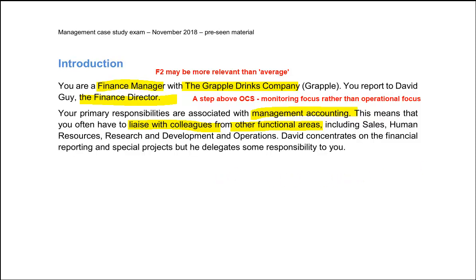Importantly, however, at the end, we see that David concentrates on the financial reporting and special projects, but delegates some responsibility to you. So with this in mind, I would err towards perhaps the F2 parts we're going to be seeing more often than not are actually not going to relate to financial statements as heavily as you might assume.